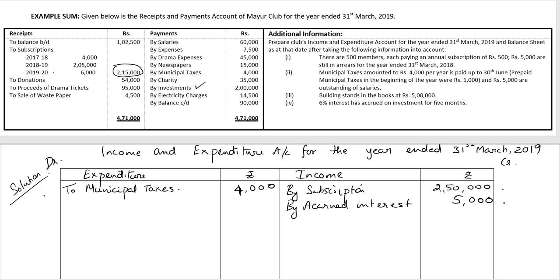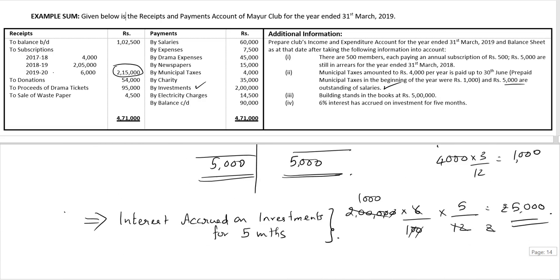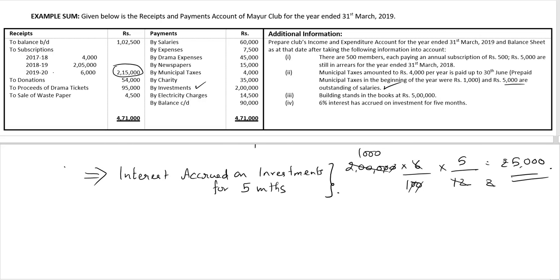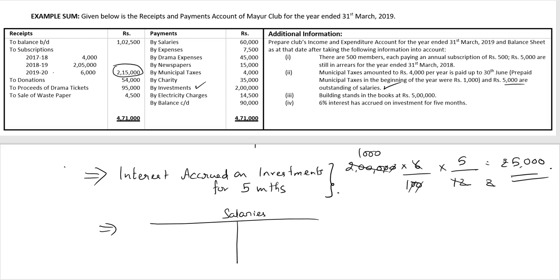We need to prepare the salaries account also, because it says here 5,000 are outstanding of salaries. So let's prepare the salaries account. Closing outstanding amount for salaries 5,000 rupees. To balance carried down is 5,000 rupees.